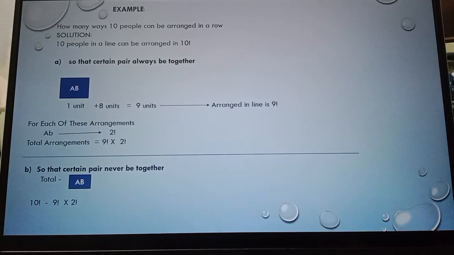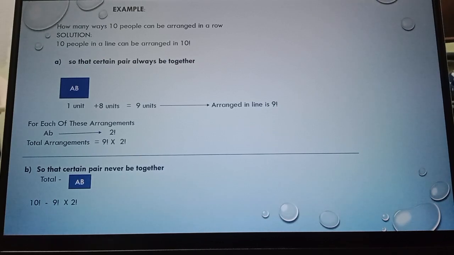Now, suppose a certain pair must always be together. The first step to solve this problem is to consider the two members as one unit, and the remaining 8 members individually as units. So 1 unit plus 8 units equals 9 units. All these 9 units can be arranged in a line in 9 factorial ways, as we discussed in the earlier formula.